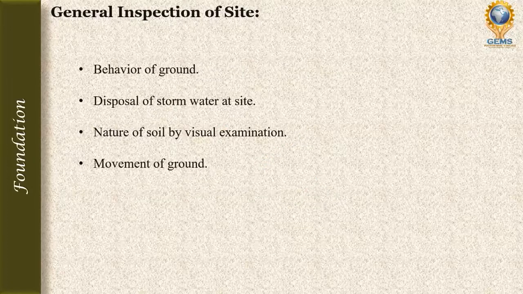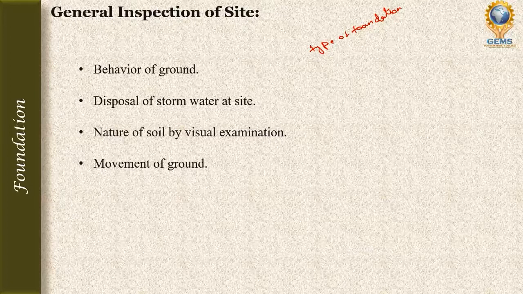The general inspection of the site of work serves as a good guide for determining the type of foundation. Which type of foundation we can use for that particular place can be found by the general inspection of the site.